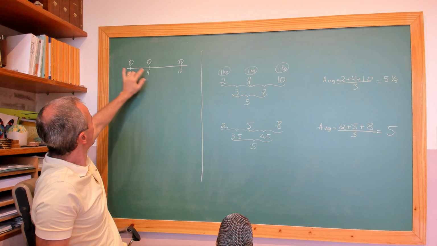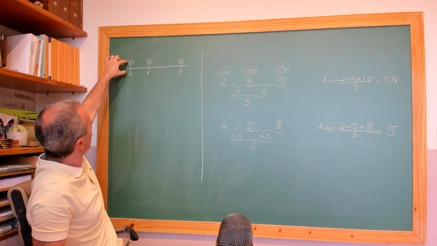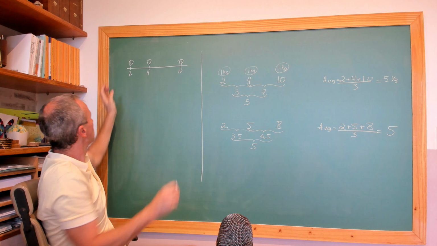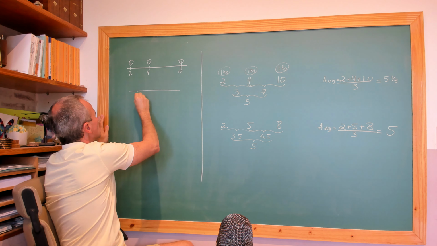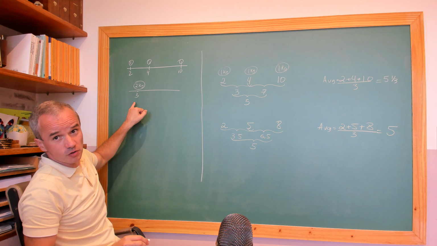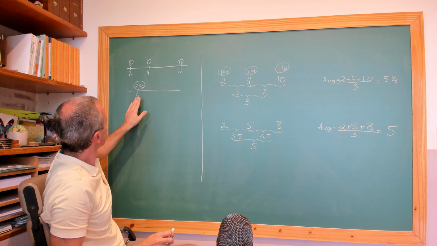Simplify first. So, let's simplify this part. Instead of placing a kilogram on top of 2 and another kilogram on position 4, it is exactly the same as positioning both masses on top of position 3. It is exactly the same, always.